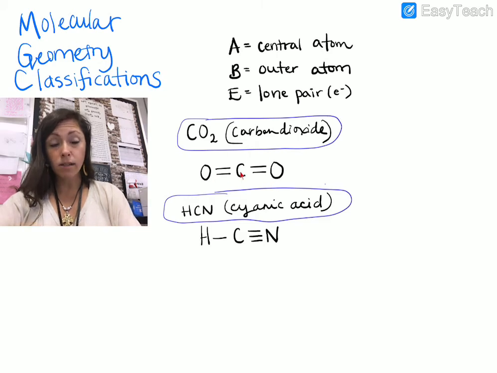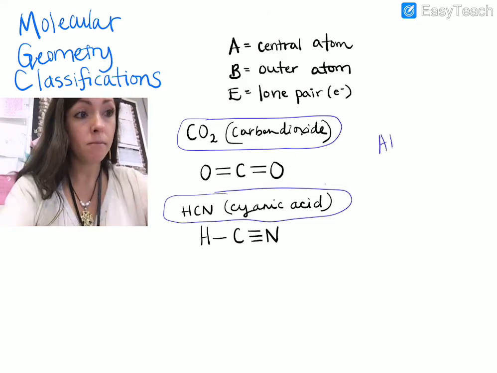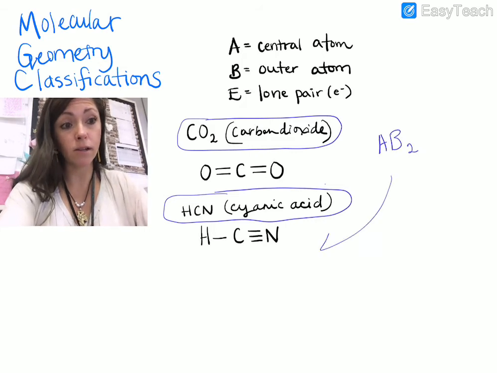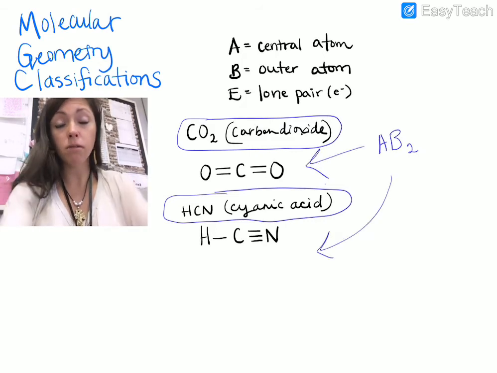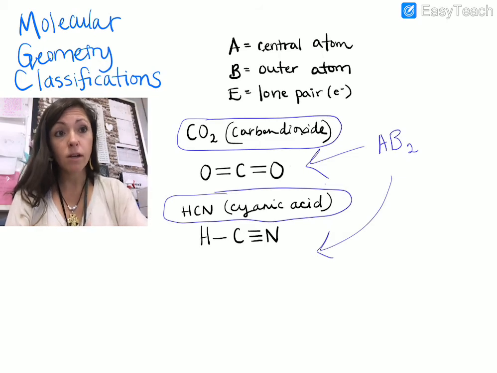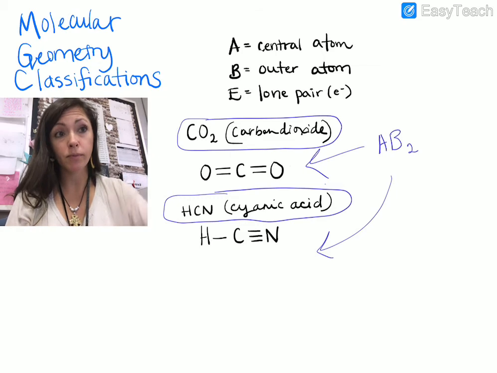So you've got a central atom, and then you've got two outer atoms. There are no lone pairs around the central atom. So this is what is known as an AB2 molecule. This is also an AB2 molecule, okay? In both cases, you have one central atom and an outer atom on both sides, but you have no lone pairs. So this is what we call an AB2.